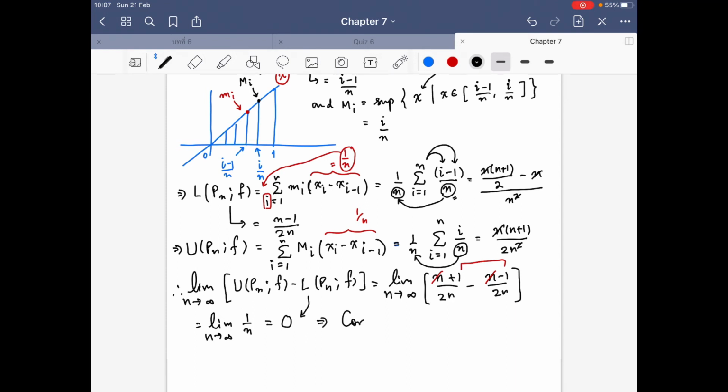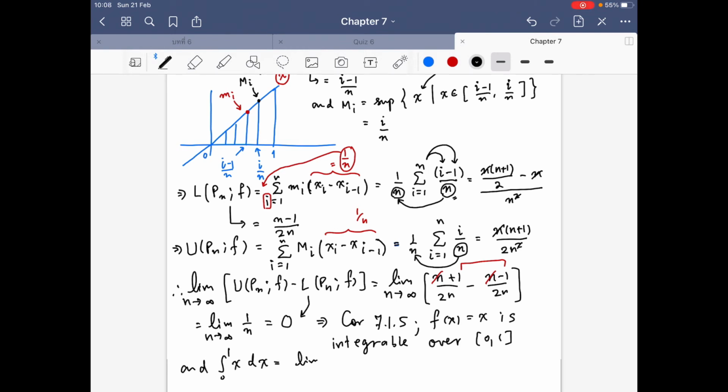So by corollary, this function is integrable over this closed interval, and the integration from 0 to 1 of this is actually either the limit of the upper sum or the limit of the lower sum.